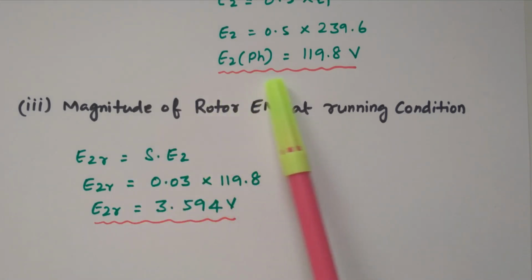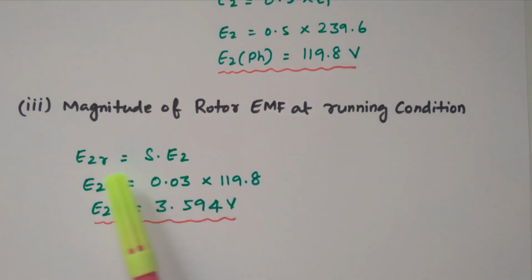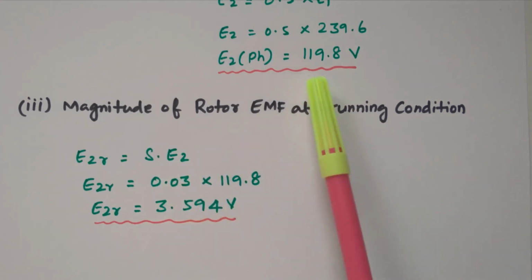The E2 per phase is available under standstill, so E2R can easily be calculated from this formula, E2R equal to S into E2. S is 0.03, 3%, into E2 under standstill, which we calculated as 119.8. By multiplying this we got 3.594 volts. The magnitude of the rotor EMF under the running condition is 3.594 volts.